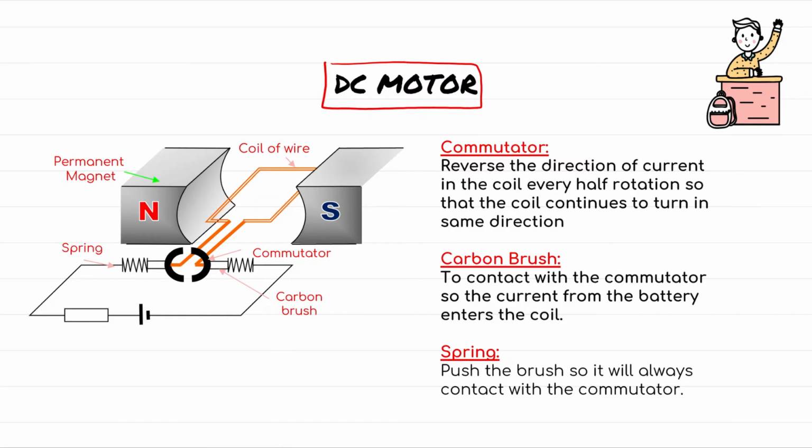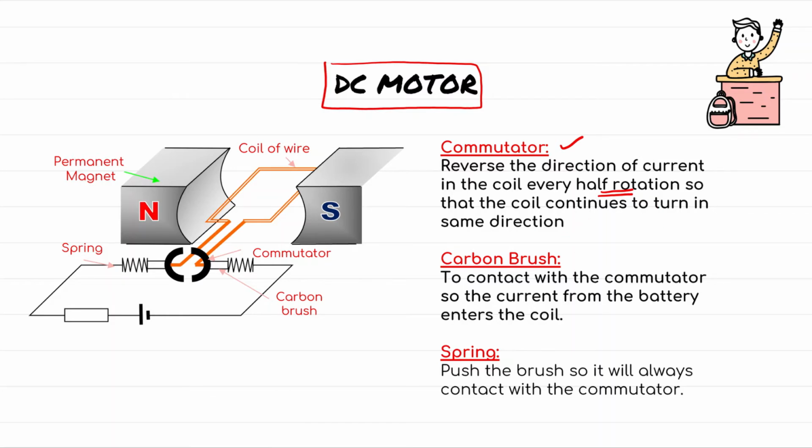Kompartmen pula, dia punya parts. So first kita ada commutator. Commutator ni apa? Commutator ni kita connect commutator dengan kita punya coil. Kita punya coil, okay, dia sejenis conductor lah juga yang boleh mengalirkan elektrik. So kerja dia ialah to reverse the direction of the current in the coil every half rotation. Macam mana dia reverse nanti saya terang. So that the coil ni akan continue to turn in same direction.